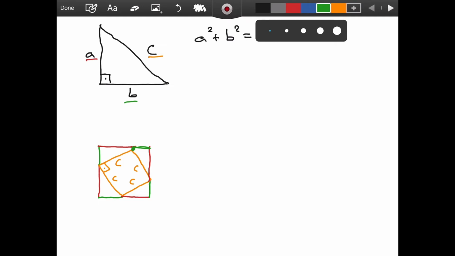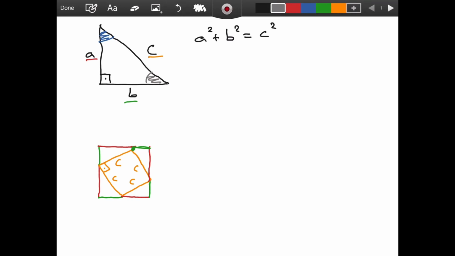Because look at this. If I make this the blue angle and this one the gray angle, I know that blue and gray angles add up to 90 degrees because the other one is 90 degrees, and 180 degrees minus 90 degrees gives you 90 degrees.